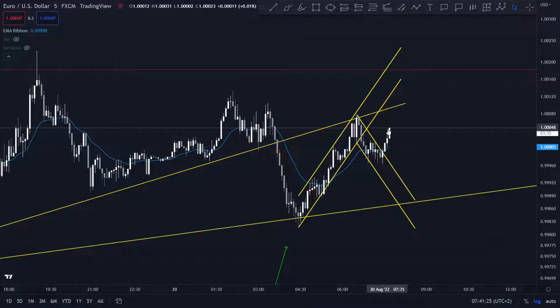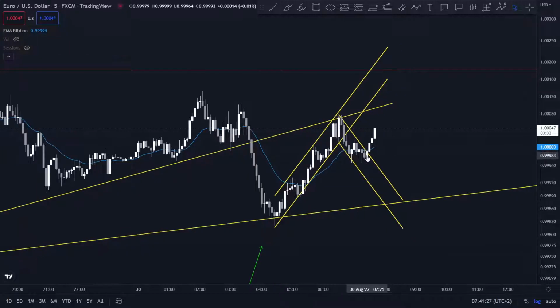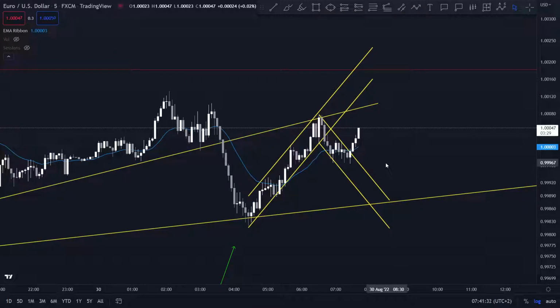I want to say the market looks strong. Looks like it's gaining momentum here. From a trading range, the market is moving sideways. Two bull bars closing near their highs.